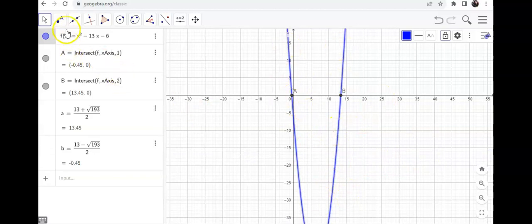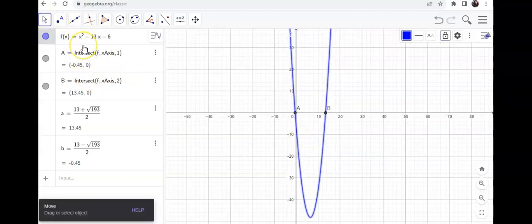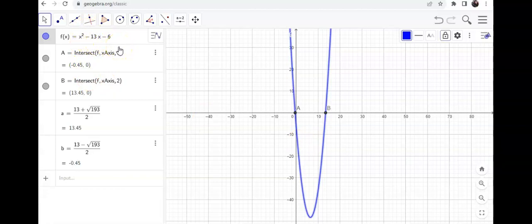This parabola here is the graph of the quadratic equation x squared negative 13x negative 6. The points of intersection between the graph and the x-axis are points A and B, and the coordinates of point A are negative 0.45, 0.